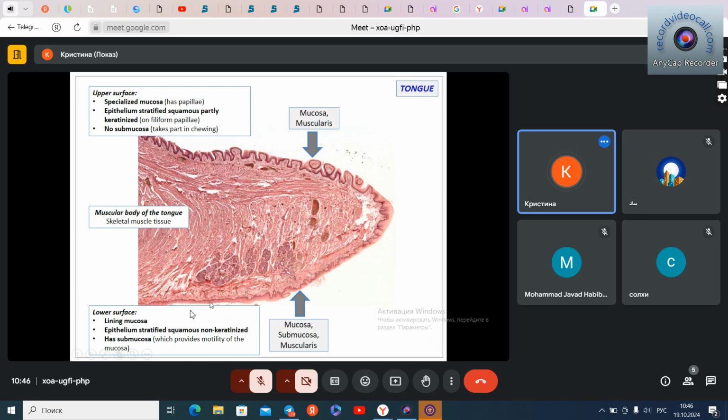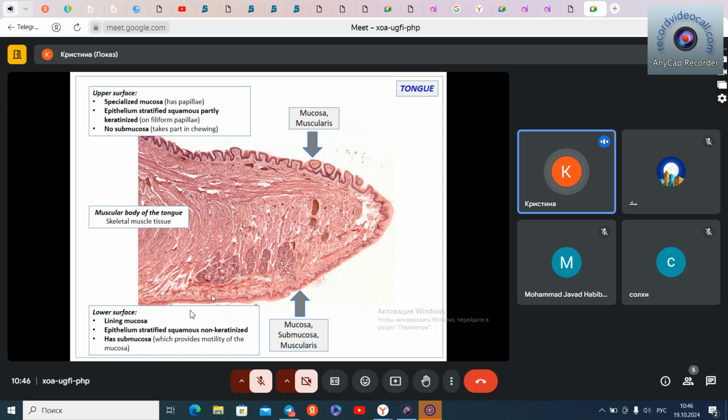In the lower surface, we have the mucosa and submucosa. Submucosa provides motility of the mucosa. Mucosa here contains epithelium and lamina propria mucosa. Lamina muscularis is also absent. Lamina muscularis mucosa is absent everywhere in the organs of the oral cavity.